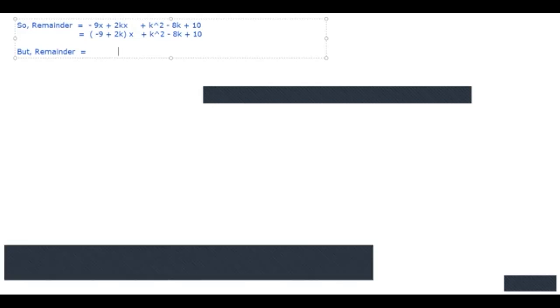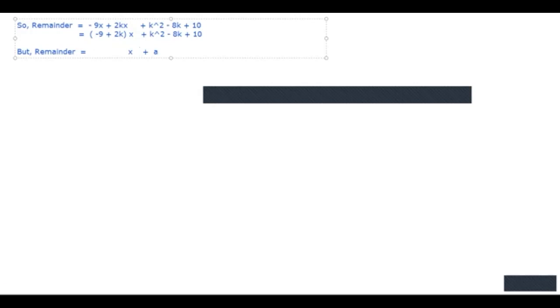Because, yes or no, children, this is the remainder what we have got. But what is the remainder that they have given to us? They have given us the remainder as x plus a in the question.